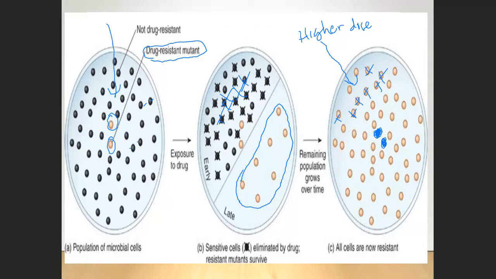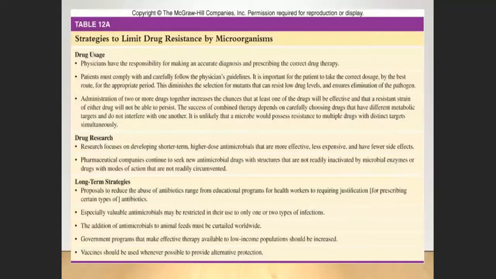And what happens then is that this bacteria is the one that will become the new population. And in order to kill this new population, we need an even higher dose. So this is what we call the natural selection of drug resistance in a bacterial population.